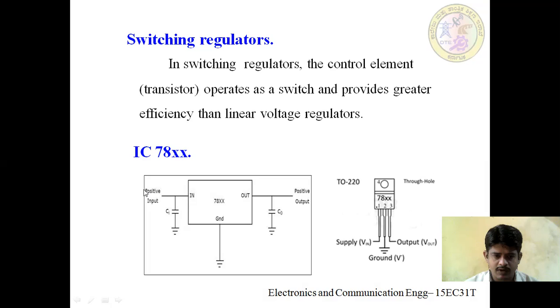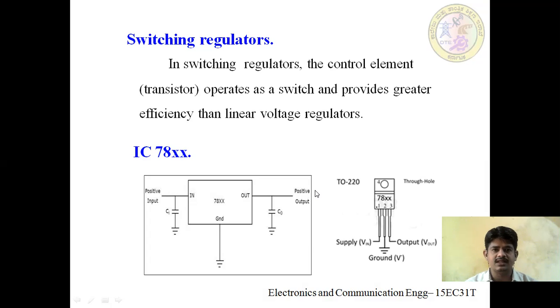Suppose whenever you have some input, if it has some AC content, what happens? We know the characteristics of this capacitor. It will block the DC, but it will allow AC to pass. Means if there is any AC content here in the input, it will be bypassed to the ground, because the capacitor allows the AC, and that will not flow to the output side.